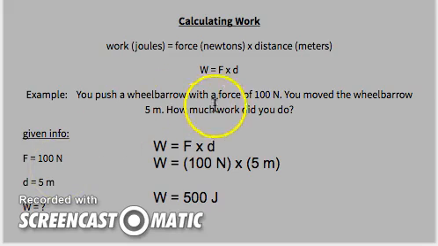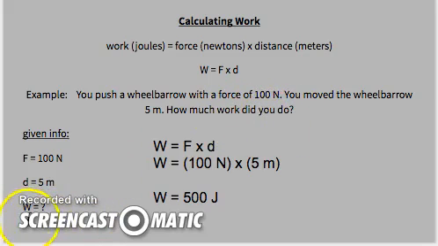All right, then we move on. You move the wheelbarrow 5 meters. 5 meters measures distance, so we have down here distance, D, equals 5 meters. Our question wants us to find out how much work did you do?